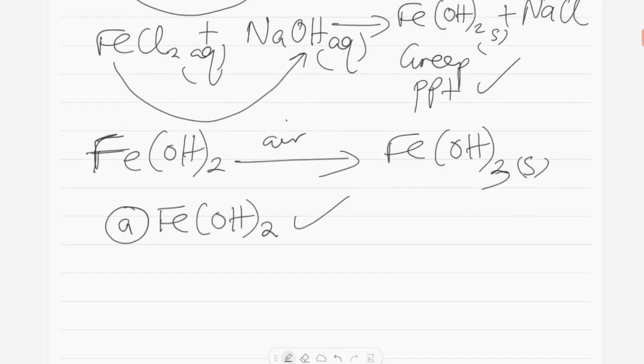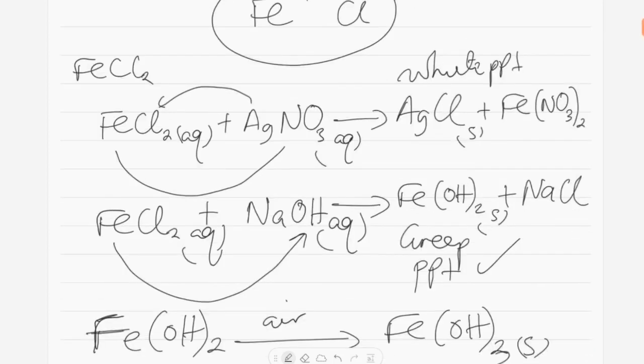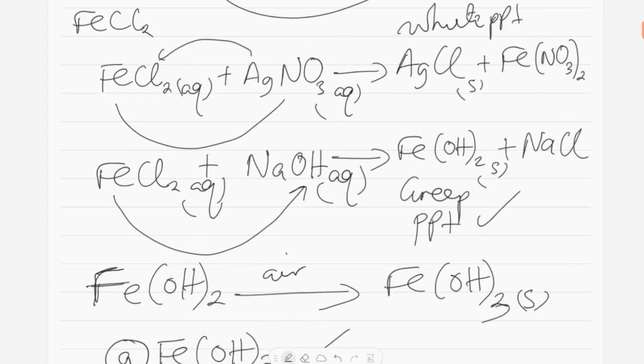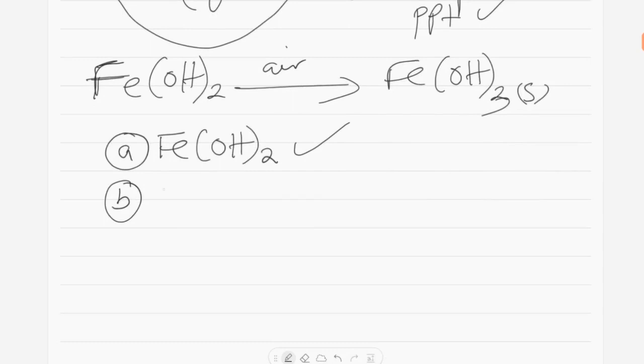We can now move on to B. The white precipitate I. So the only white precipitate that we formed in this reaction was silver chloride. So the white precipitate is silver chloride.